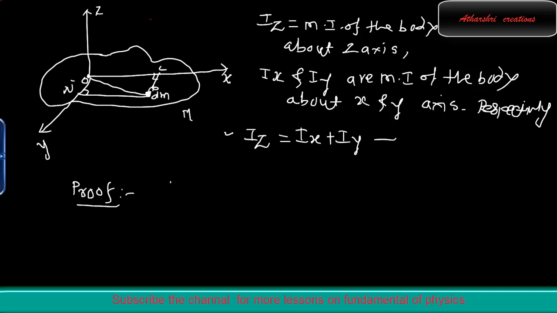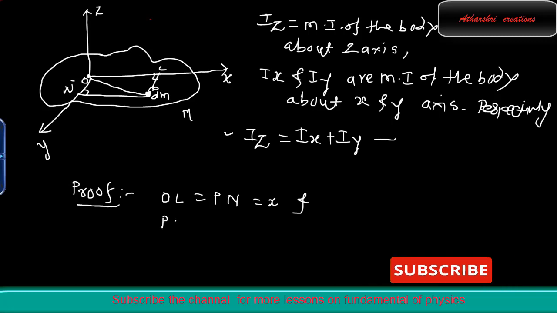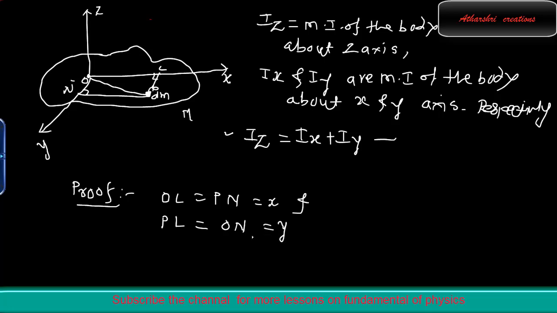Then the distance OL equal to PN is equal to x, and the distance PL equal to ON is equal to y.